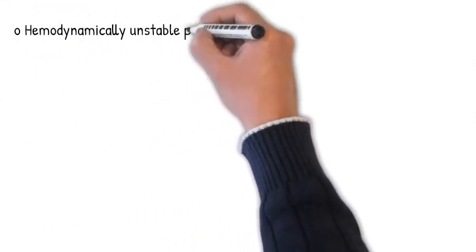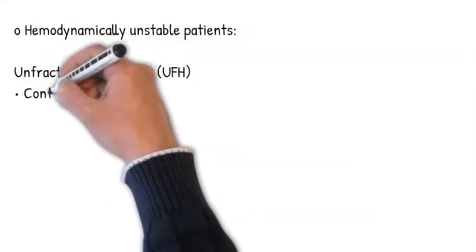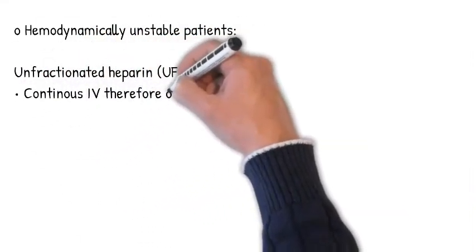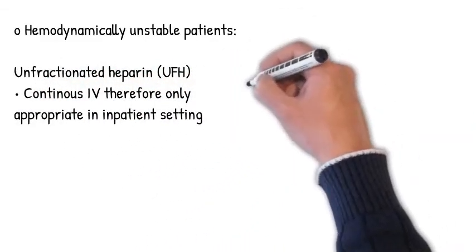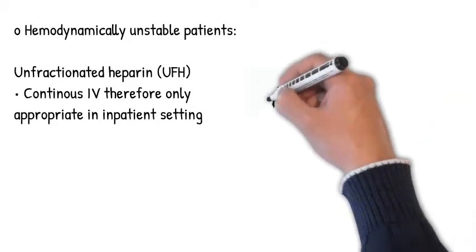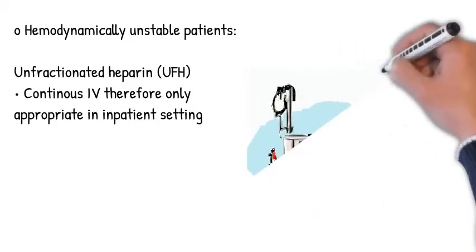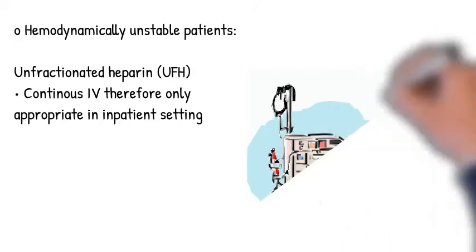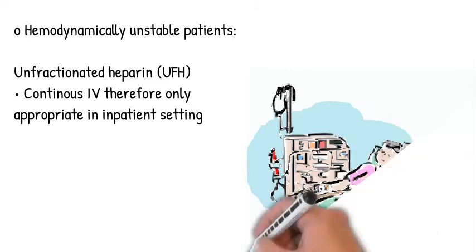So, if your patient is hemodynamically unstable, then really your best option is unfractionated heparin. We dose it by giving a weight-based bolus, and that is then followed up immediately with a continuous infusion. And then the dose is adjusted based on the monitoring parameters.